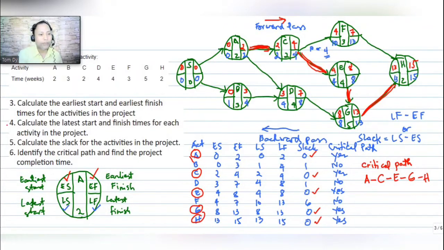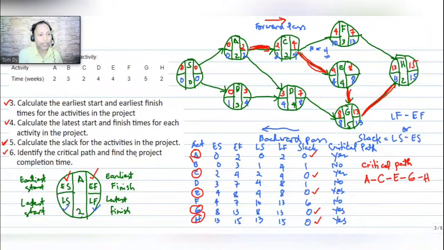So we have already answered number 3, number 4, the earliest start and earliest finish. Then we also have calculated the slack for the activities in the project. Okay, so we have the slacks. And then of course the critical path, we identify our critical path as A, C, E, G, H.